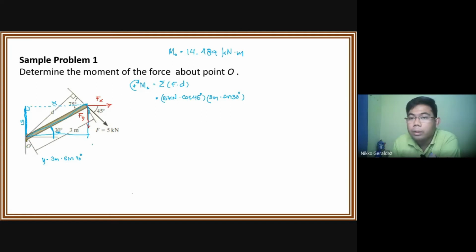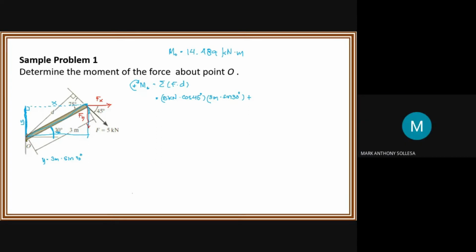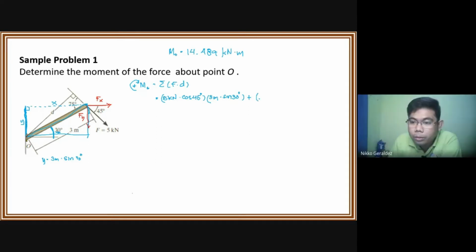Downward siya, di ba? Clockwise po. Clockwise na rin. Plus, no? Y component. Paano mo i-solve si Y component? Sin 45. That is 5 kilonewton times sine 45 degrees.